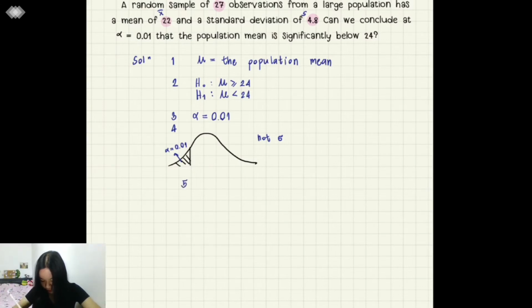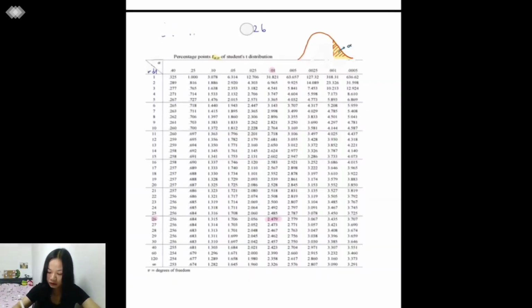Step 5. Open the t distribution table. Degrees of freedom equal n minus 1 equal 27 minus 1 equal 26.